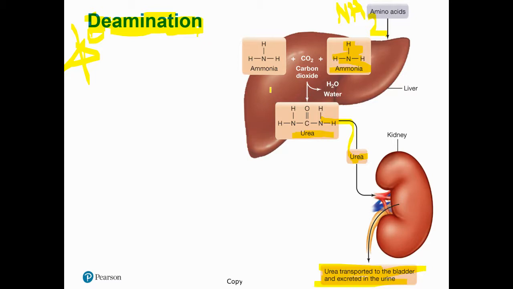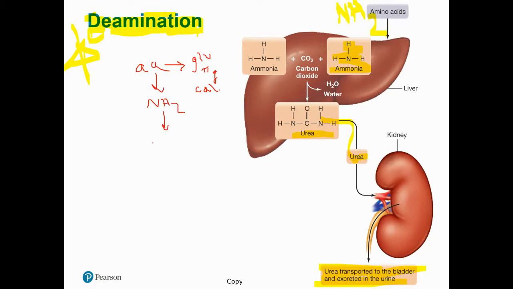So do understand what deamination means. It's just the process of taking your amino acid. You're going to use the amino acid for glucose, a triglyceride, or energy or calories, right? And so in doing so, you need to get rid of the amine group.